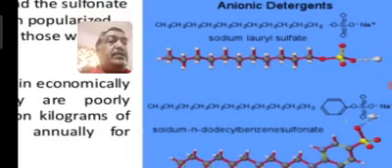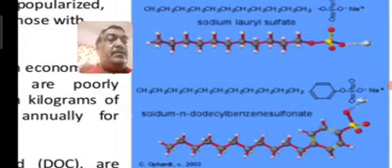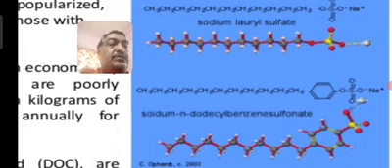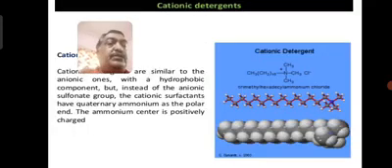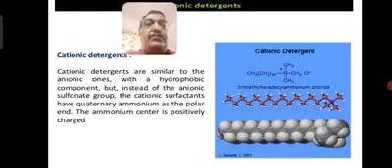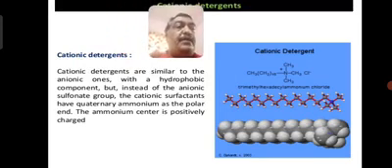Similarly, you can see another example, sodium n-dodecyl benzene sulfonate, C6H5 SO3 minus Na plus. So these are the two detergents which are anionic in nature.